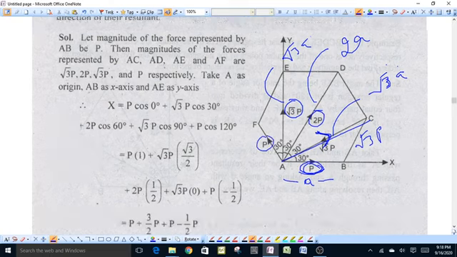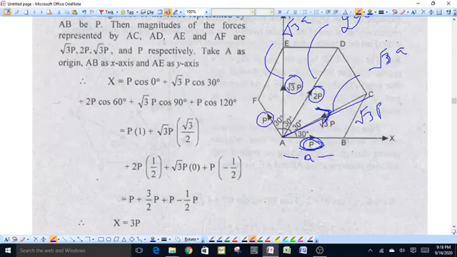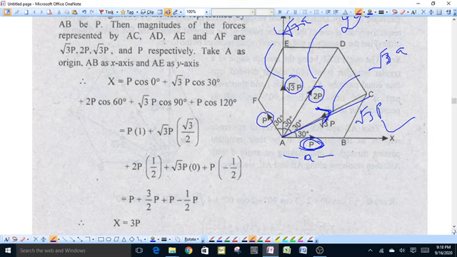After resolving along the x-axis and y-axis, we have taken AB as the x-axis and AE as the y-axis. A is taken as the origin. Then the sum of the x components of all these forces will be P cos 0, √3P cos 30, 2P cos 60.